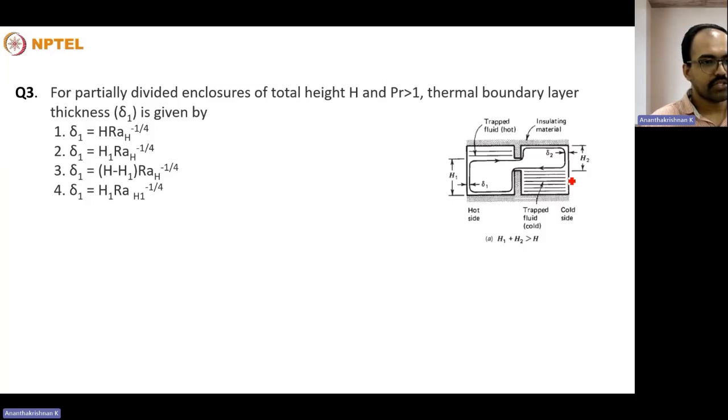So this is a trapped section which remains isolated from the circulation. So here the vertical length scale will start from the ceiling, the roof, to the top edge of the obstruction from the bottom. So that will be the scale in the vertical direction for the boundary layer on the right side.